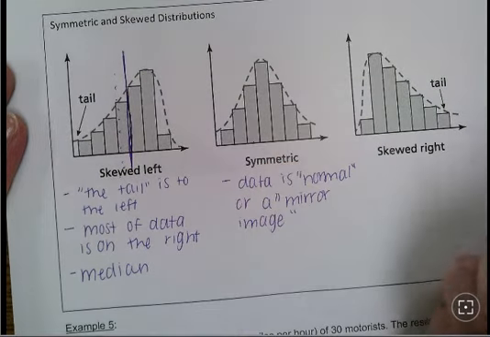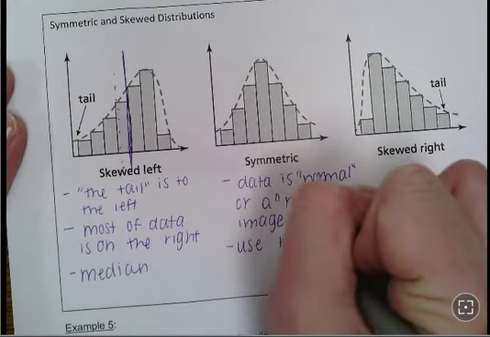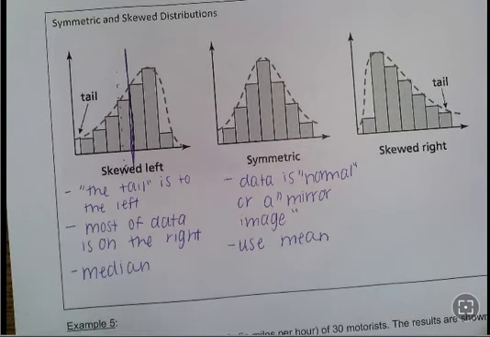When it's symmetric, we use the mean. So if it's skewed, we use the median. If it's symmetric, you use the mean. That's because when you have data pulling one way or the other, your mean is going to be affected way more than your median. We've talked about that a little bit in class already.